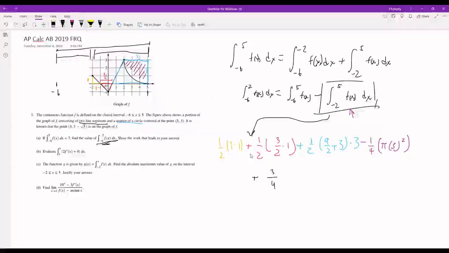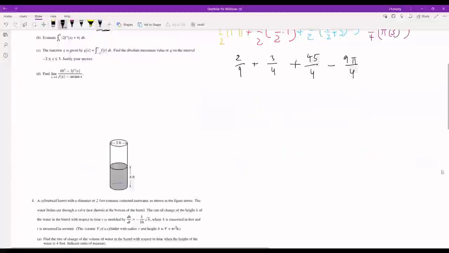Actually, I'm going to make this 2/4, plus 3/4, plus 9/2 plus 3 is 15/2 times 3, 45/2 over 2, 45/4, and then minus 9 pi over 4, which goes to 50, oh wait, hold up.